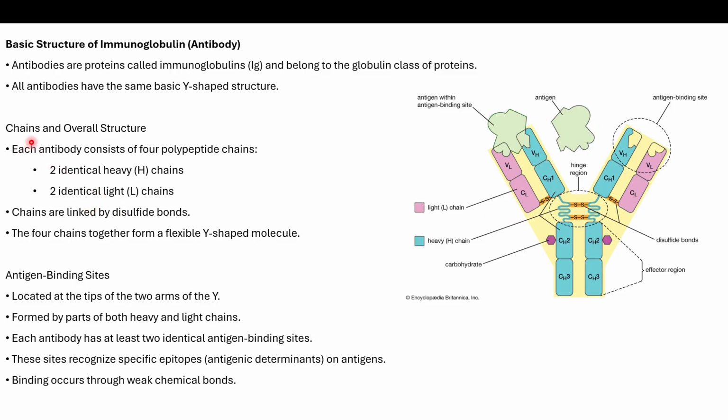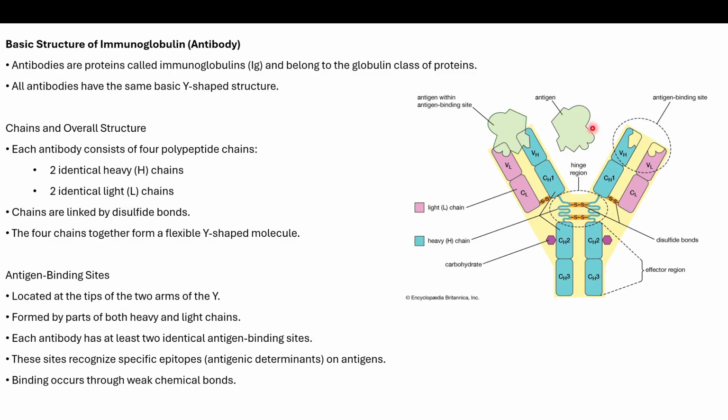If we talk about the overall structure of an antibody, as shown in this picture, it has four polypeptide chains: two identical heavy chains, this blue one here, and two identical light chains. All these chains are linked by disulfide bonds.